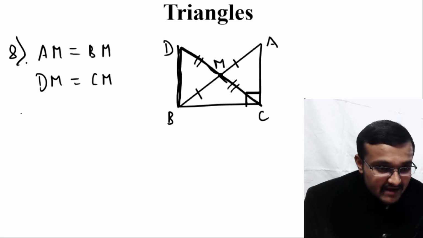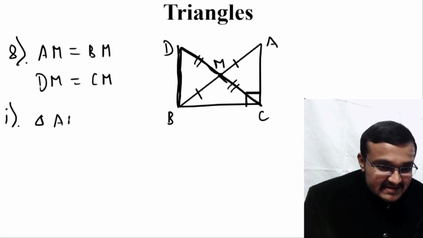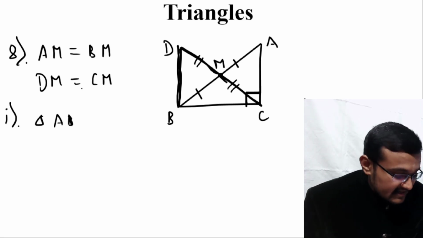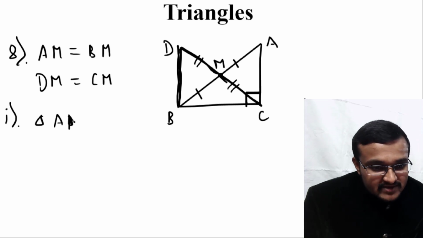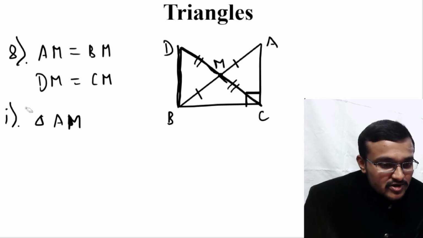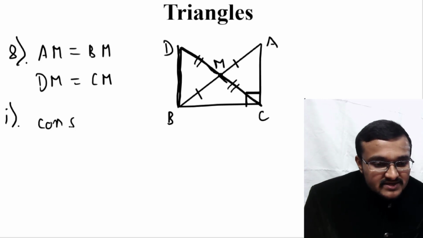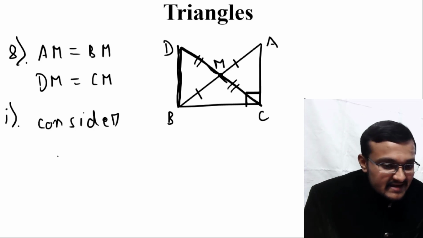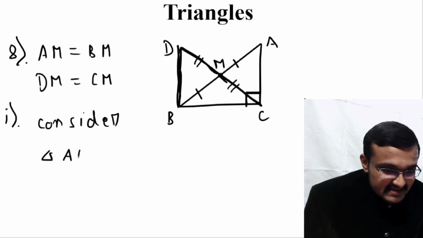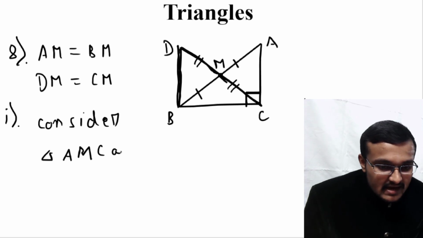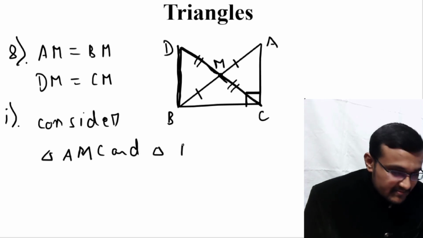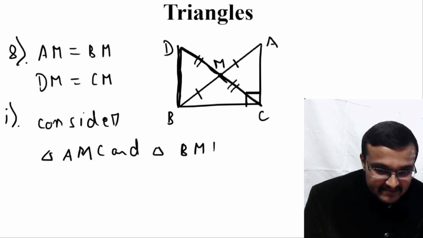So now you have to prove in the first question that triangle AMC is congruent with triangle BMD. So in order to prove this, we will consider triangle AMC and triangle BMD.